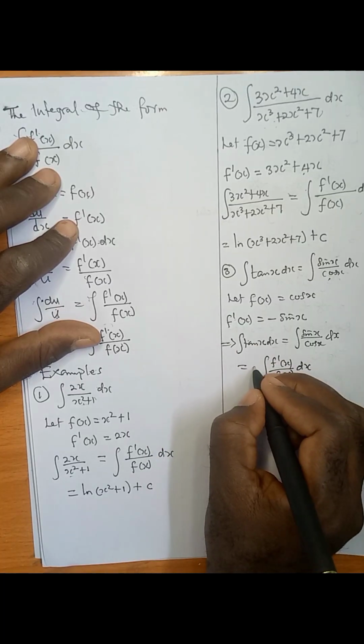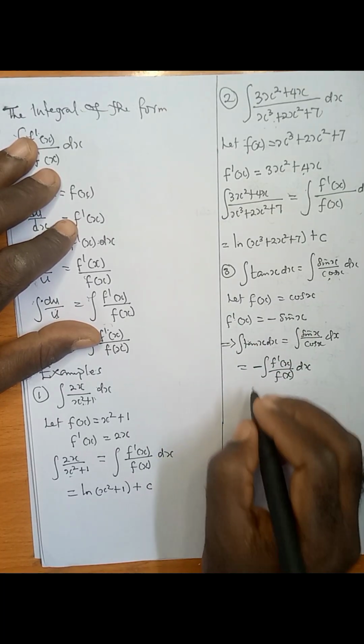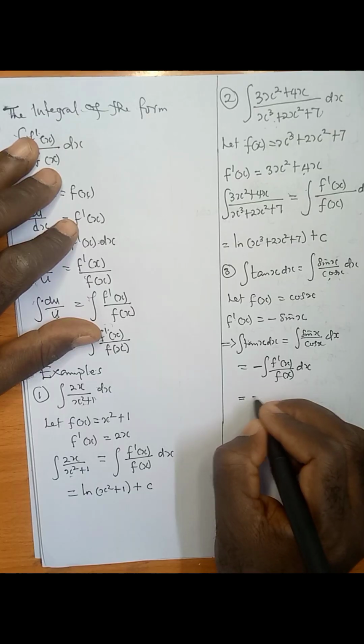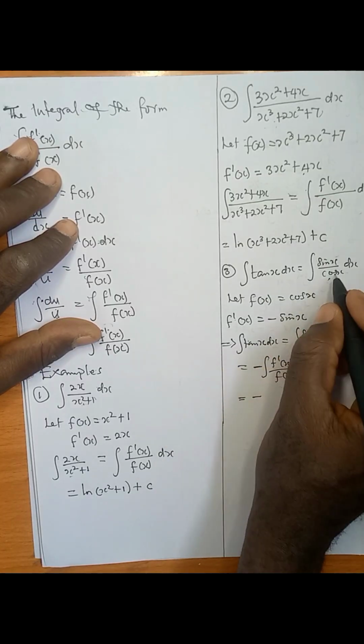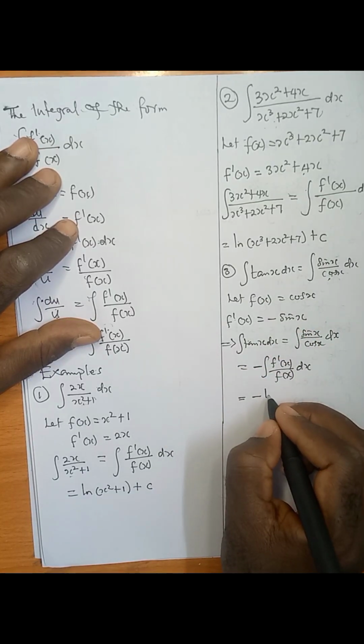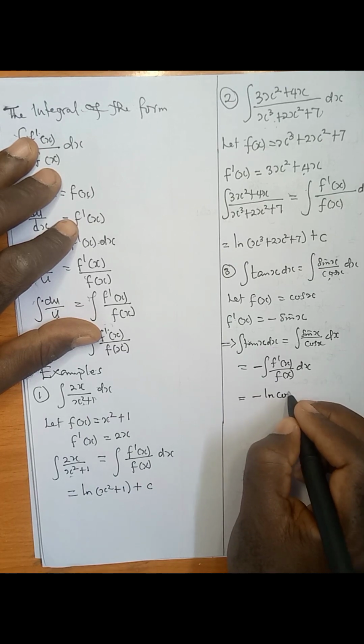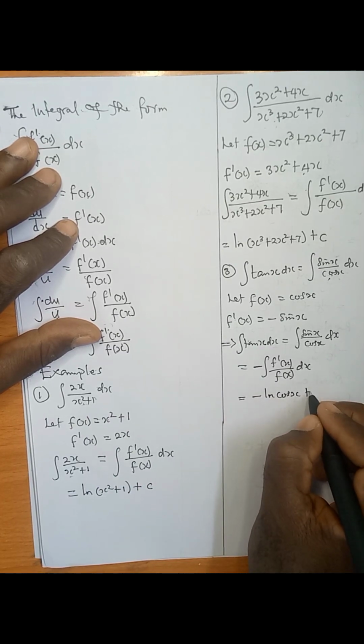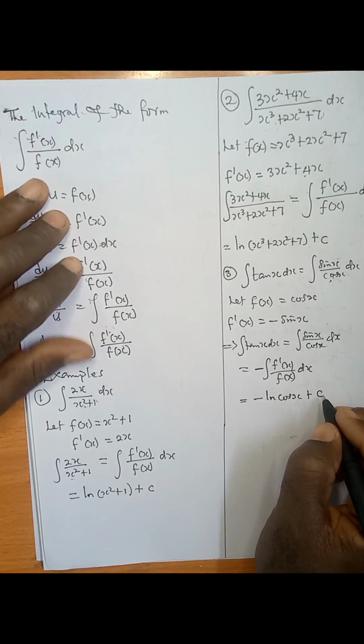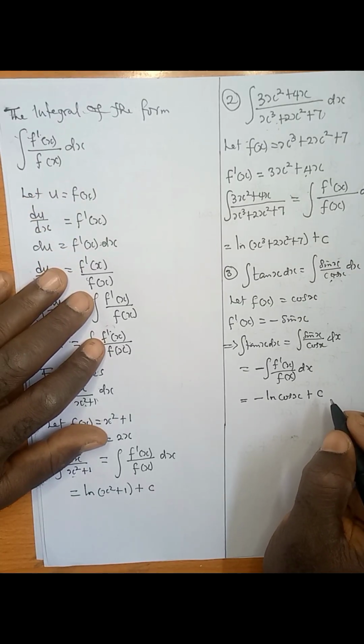Then you multiply it by the minus that it generates. At the end of the day, your answer is going to be minus natural log of the denominator, which is cos x, that is minus ln of cos x, plus the constant of integration.